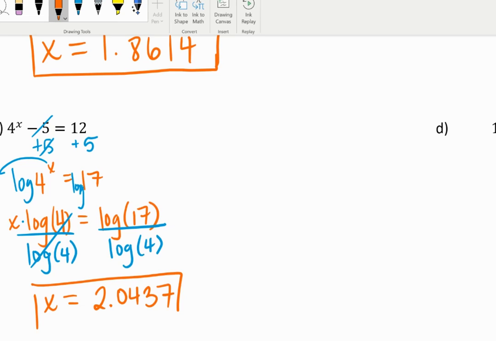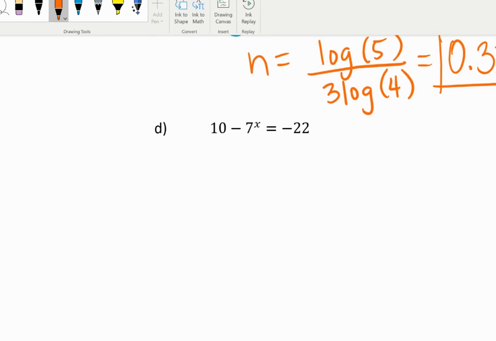Then our last one in this section, we have to get this by itself. And so we will subtract 10 from both sides. That's our first step. So we get negative 32 on that side.